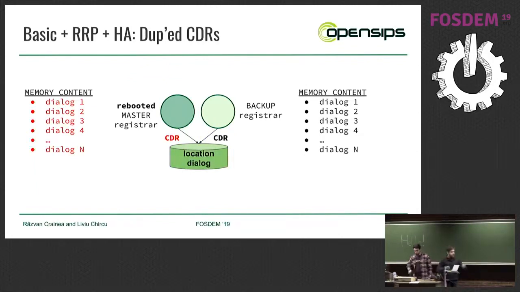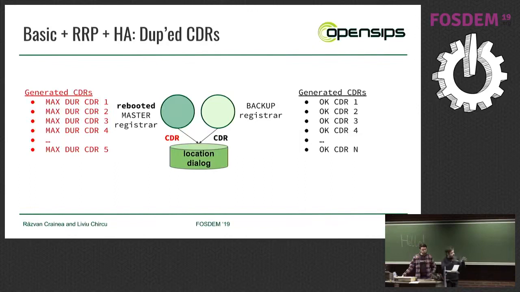So you're starting to get duplicates, and not only that, but half of the CDRs will be good on the backup, because they properly close thanks to the SIP signaling when you hang up the call. But on the master, they will hang there, and all of them will time out on whatever you set as the max call duration, typically 2 hours, and you will get these duplicated CDRs with max duration. Try explaining that to the client when you say, okay, you have this call, it costs £200 or something like that.